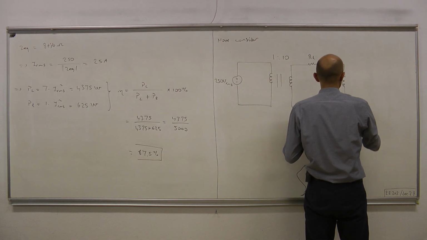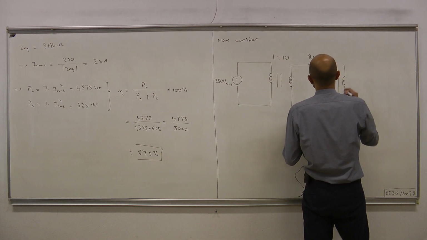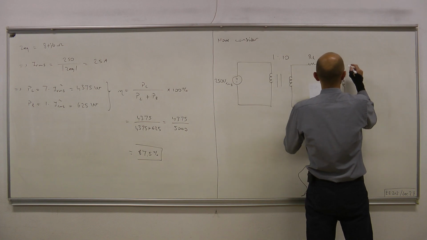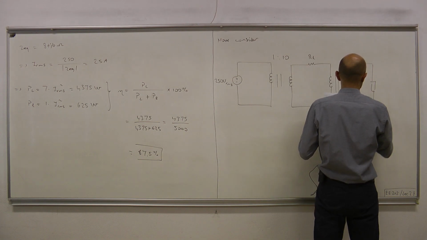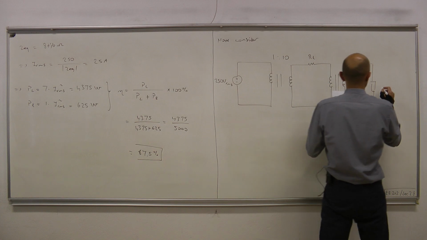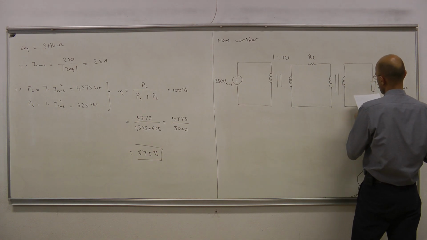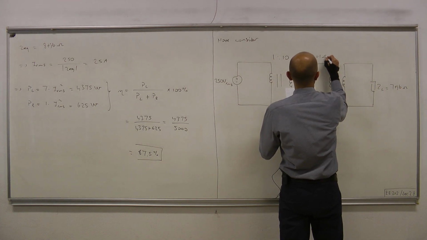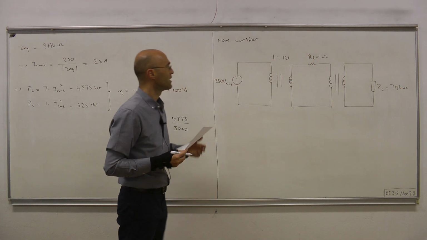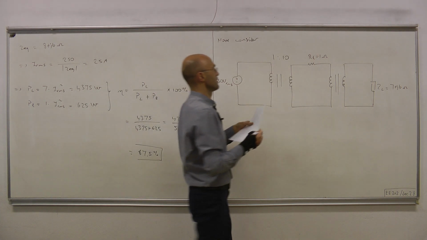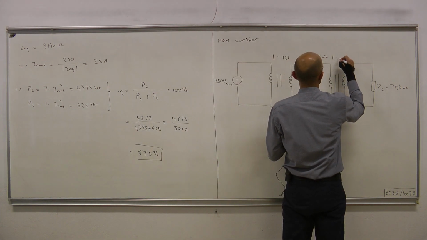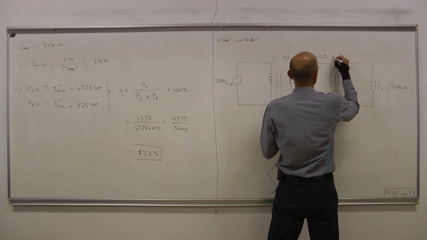Okay, so we again use the transformer this time to do the opposite thing. ZL is 7 plus J6 ohms, and RL as before was 1 ohm. Now the ratio is also 1 to 10.